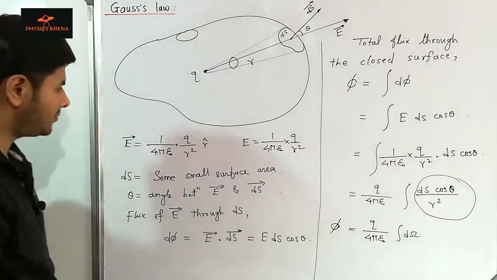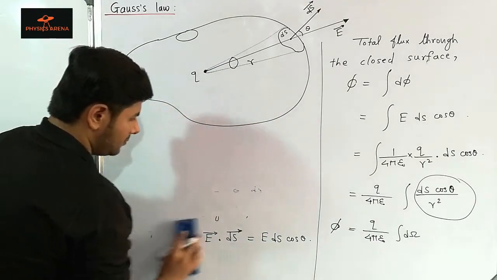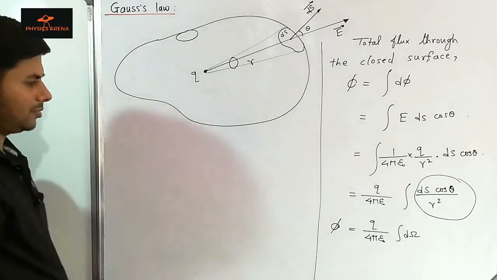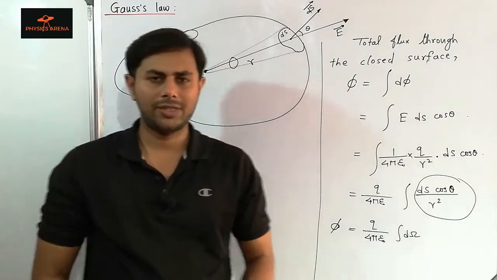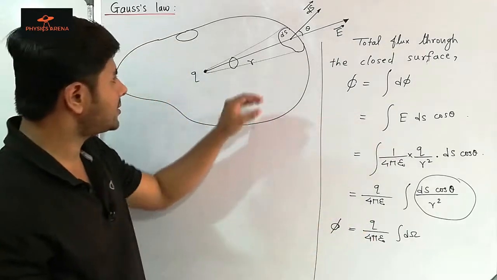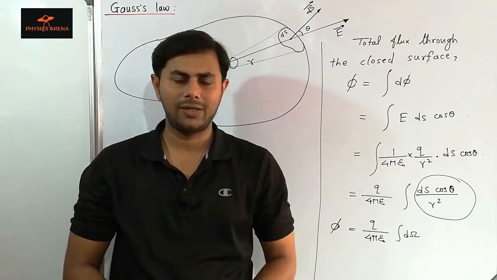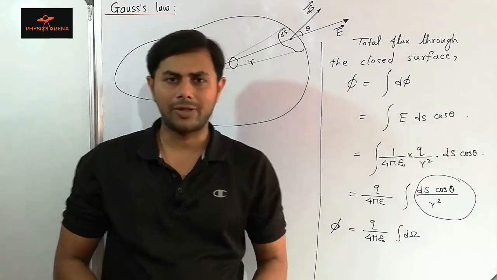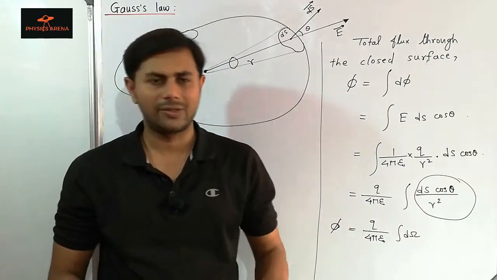Now the integral of d omega is just the sum of the solid angles due to all such surfaces taken over this closed surface, and that should be equal to the total solid angle subtended by this closed surface.